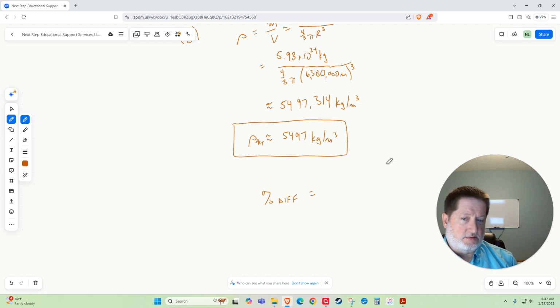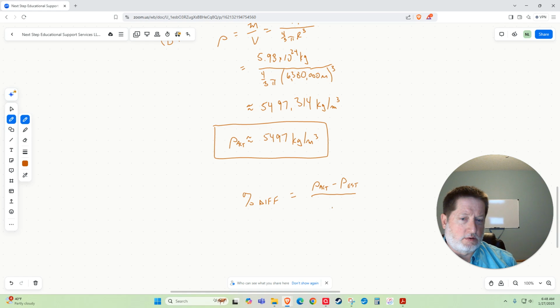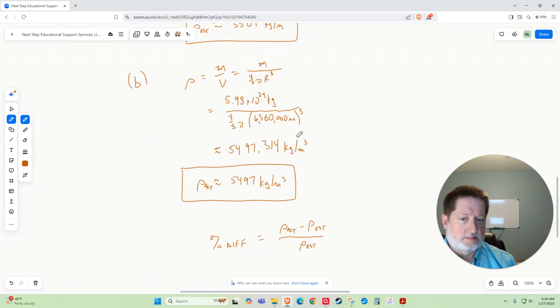To get our percent difference, we're going to take our actual, and subtract off our estimate from before. That'll give us the actual difference between the two. Now to get percent difference as compared to the estimate, we're going to divide that by the estimate. That'll tell us what percentage of that original number we're off by.